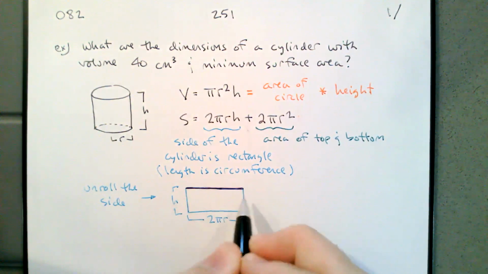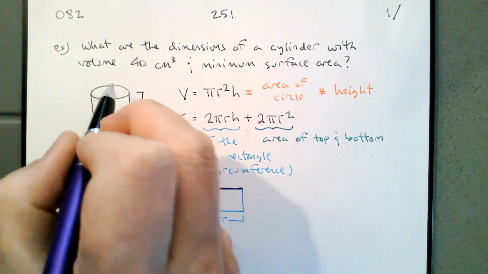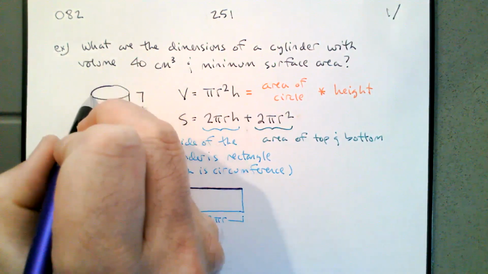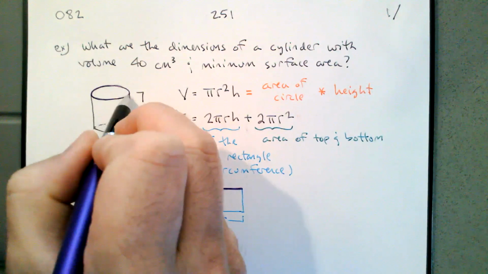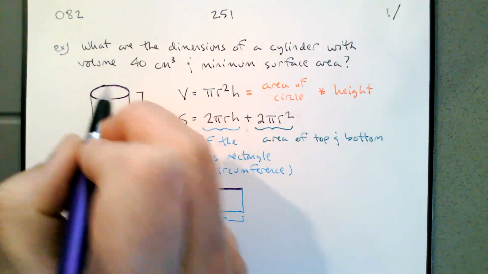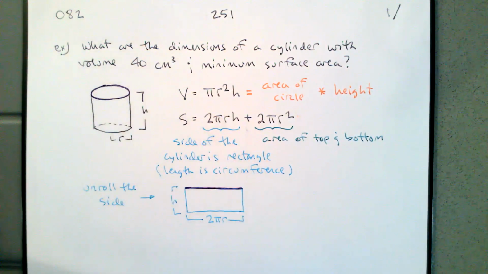If we take this side and wrap it around the circle on top, that will go around the top of the circle of the cylinder right here. So 2 pi r is the circumference of the circle around the top.